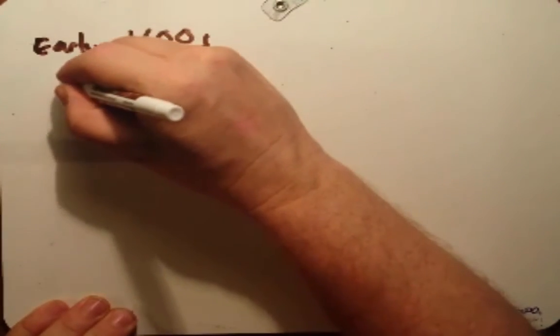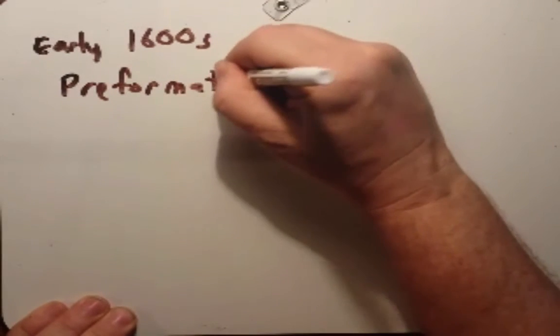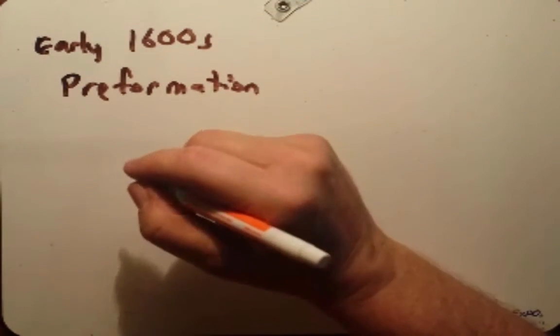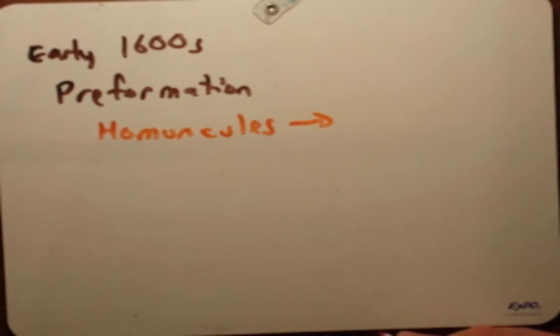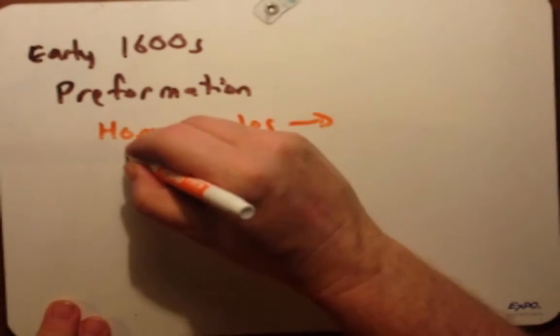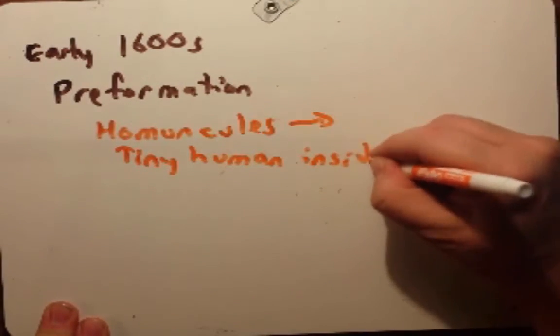Okay, so in the early 1600s, there was this idea called preformation. And in this idea, there was this little structure called a homunculus. So this homunculus, which I should say stands for a little man, said that there was this tiny individual, tiny human, so there's a tiny human inside the sperm.